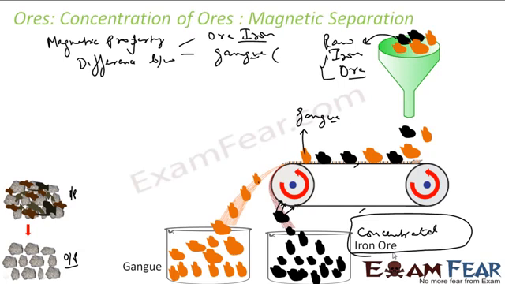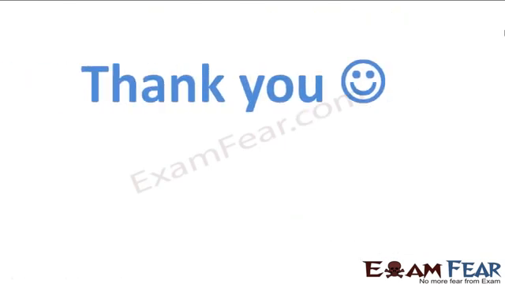Hope you understood this very easy separation, magnetic separation, where you have this conveyor belt, and this conveyor belt is magnetic, right? Since this is magnetic, my iron ores are attracted by this conveyor belt, and you get iron ore in this bucket.